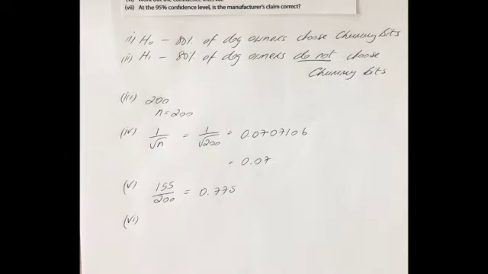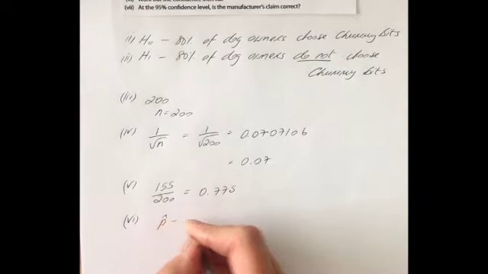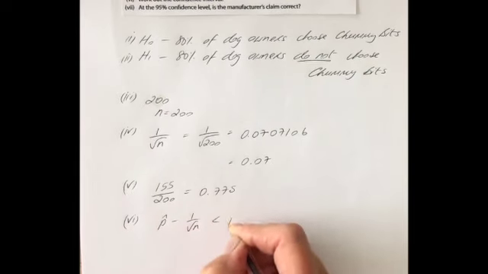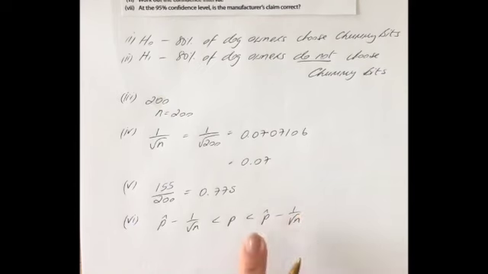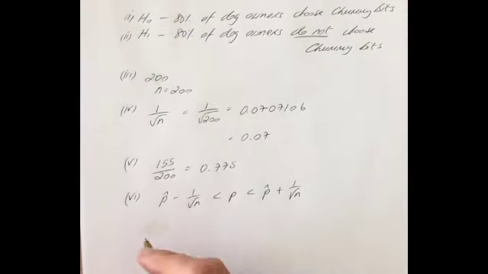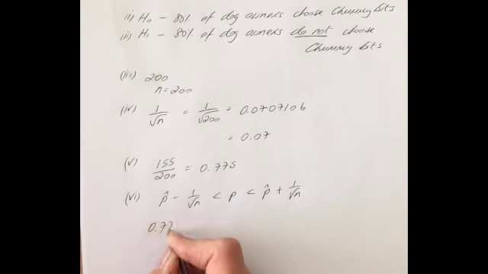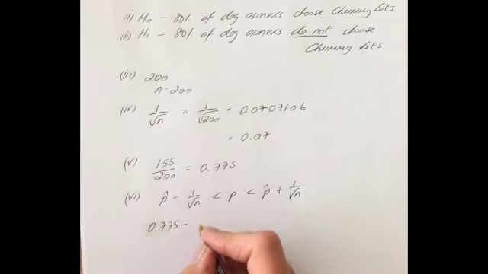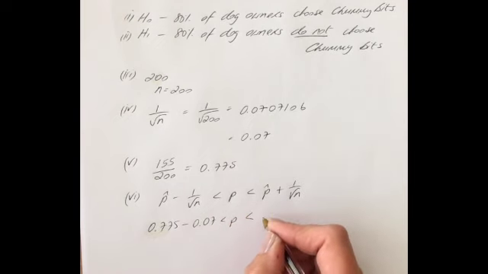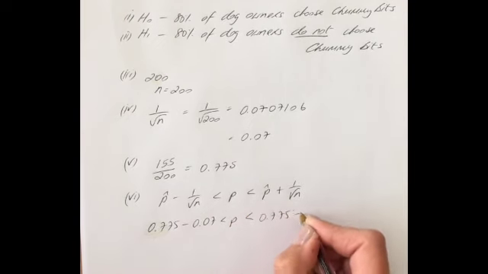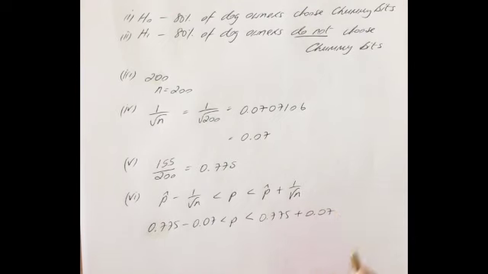And now we have to work out the confidence interval. So remember, the confidence interval is always the sample proportion take away the margin of error, and the sample proportion add on the margin of error. So the sample proportion, of course, is 0.775. Take away the margin of error, which is 0.07, and then the sample proportion add on the margin of error.